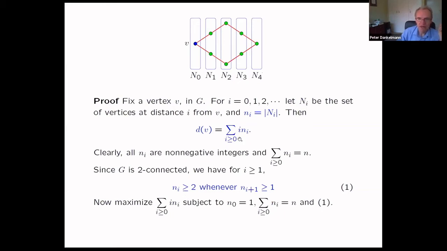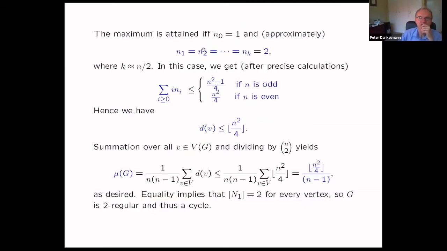And subject to this condition that practically all ni must be at least 2, it's quite easy to realize by just trying that this sum over all i of i times ni is maximized if all ni equal 2. So I get approximately that my sum is maximized if n1 equals n2 equals n3 up to equals nk, if they're all equal to 2. I wrote approximately because I ignored the possibility that the last layer may have 1 vertex.